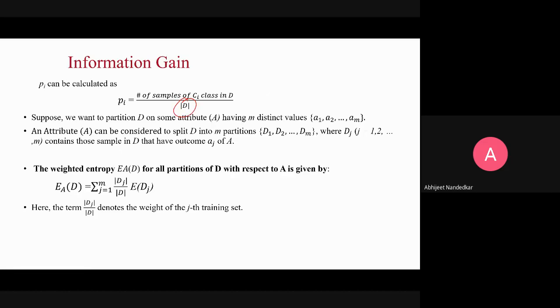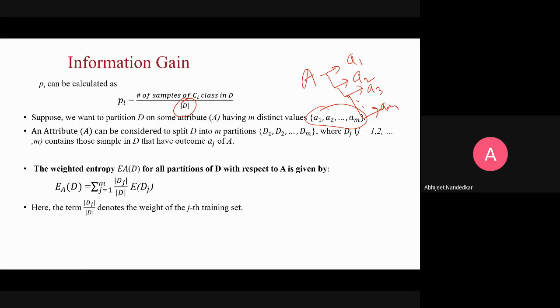Suppose we want to partition D on some attribute A having m distinct values, A1, A2, up to AM. That means we have some attribute A and it can take value A1, or A2, or A3, and so on up to AM.